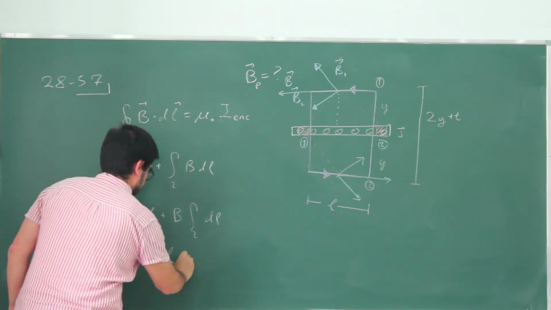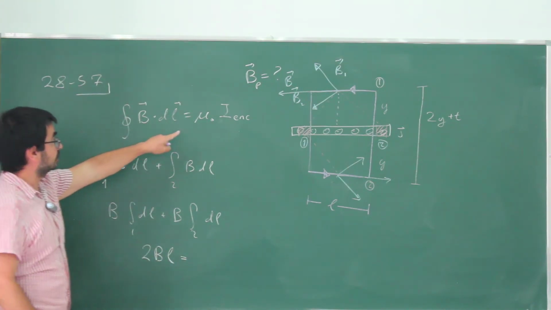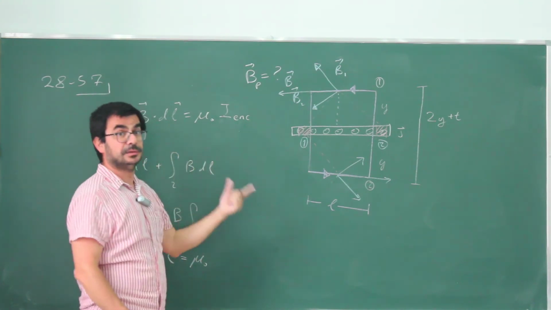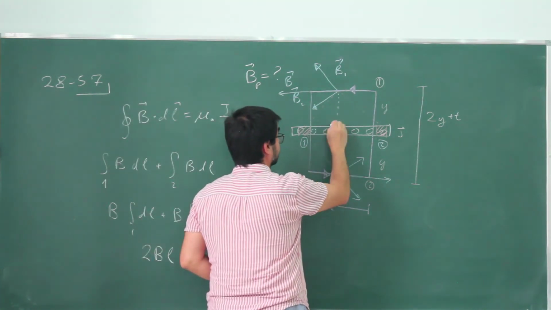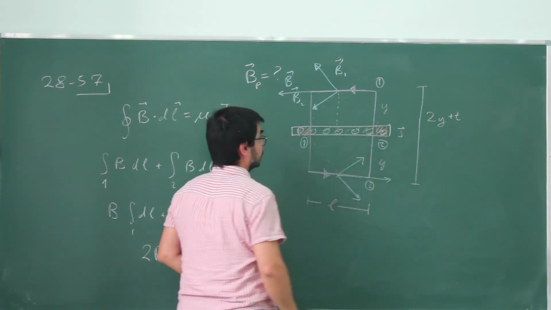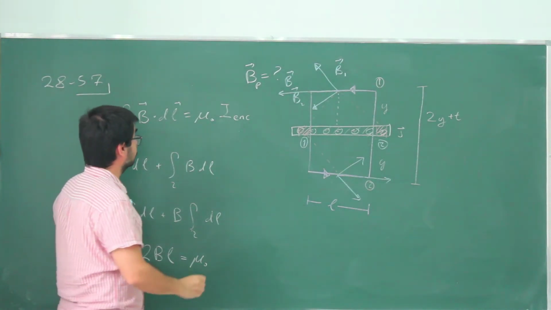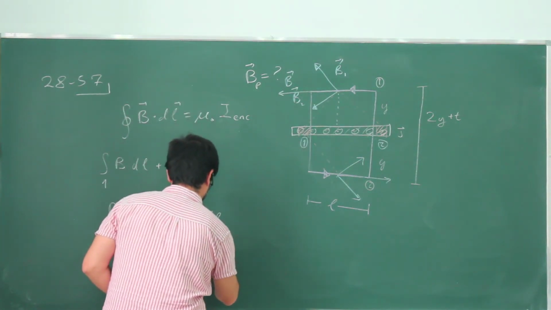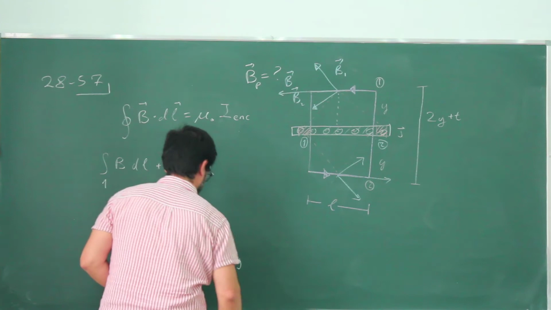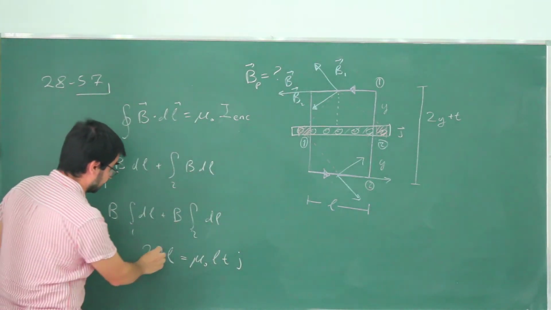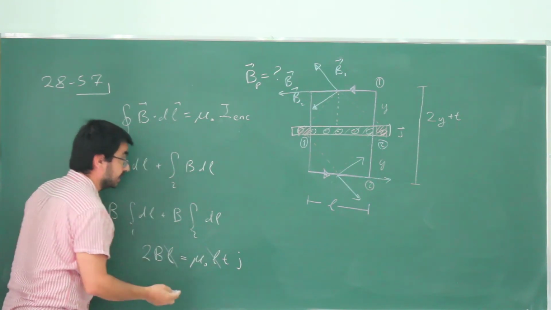Now we need to evaluate the right-hand side, which is mu naught times the current enclosed. The current enclosed will be the cross-sectional area times the current density, and that is just L times T times J.